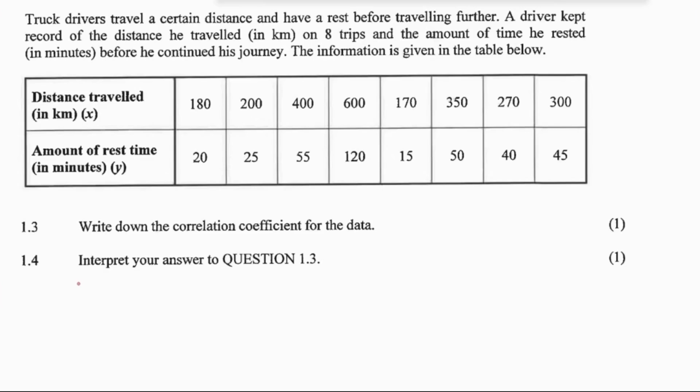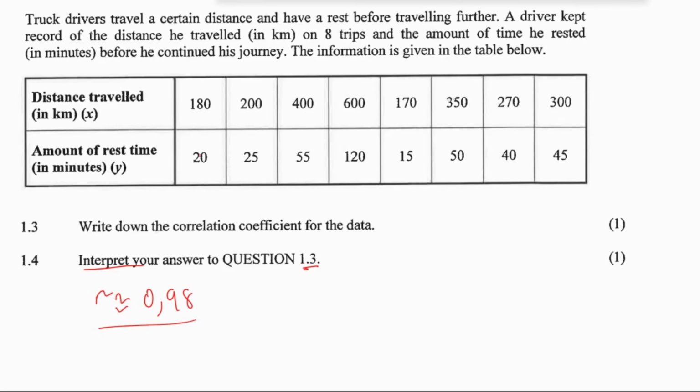Right, let's do 1.4. 1.4 is supposed to interpret the answer we got in 1.3. Right, in 1.3 we found that our correlation coefficient is approximately 0.98. So what is the meaning of this? The correlation coefficient measures the strength of linear association.